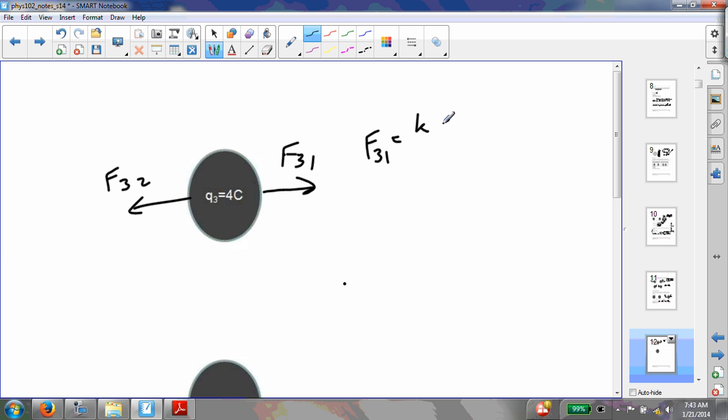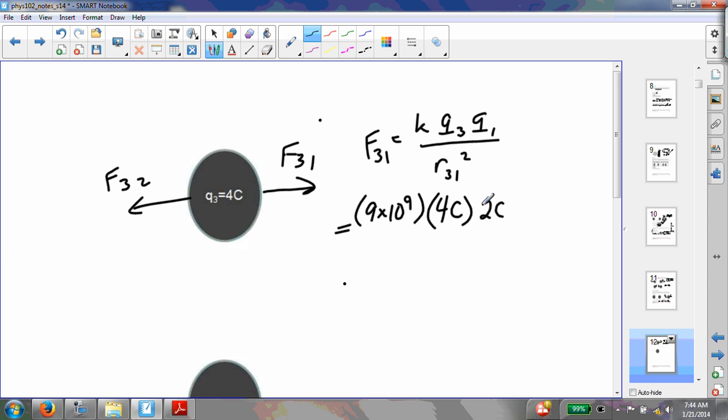That's going to be k Q3 Q1 over the distance between 3 and 1 squared. So I'm going to put in the numbers here. I'll do it in this case, but not thereafter. So that's 9 times 10 to the 9th. Q3 had a value of 4 coulombs. Q1 has a value of 2 coulombs.